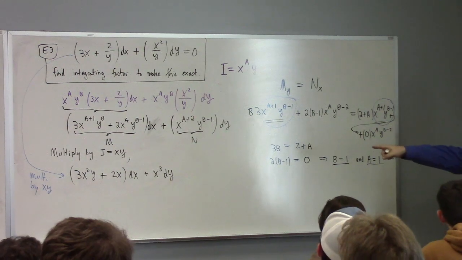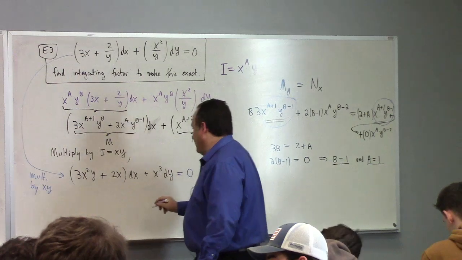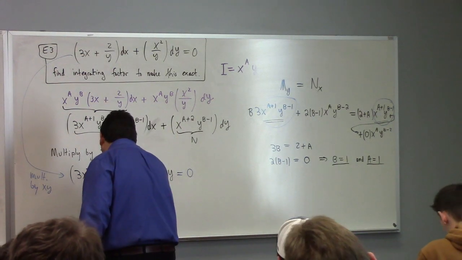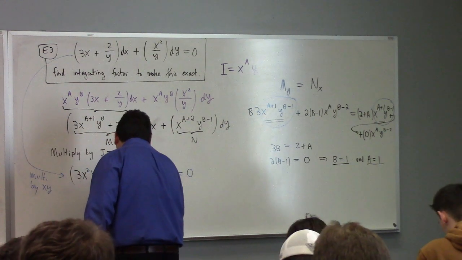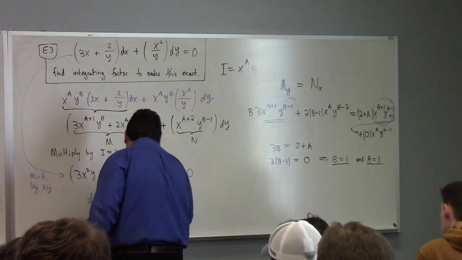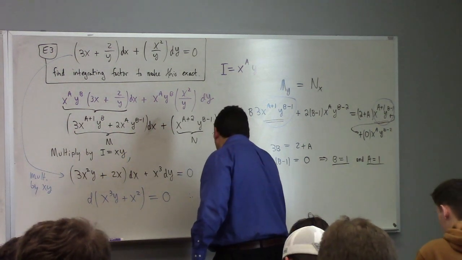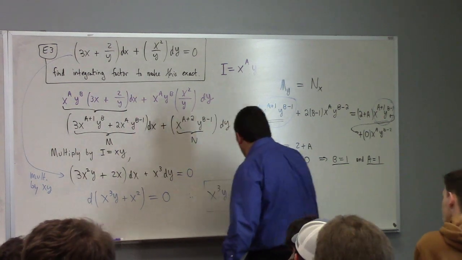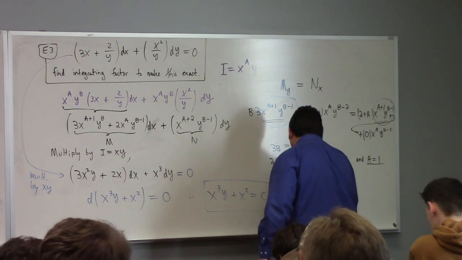But okay, so how can we solve this? I will tilt my head and squint and say that is the total differential of, well, x cubed y plus x squared, I think. So therefore, x cubed y plus x squared equals a constant is the solution to star.